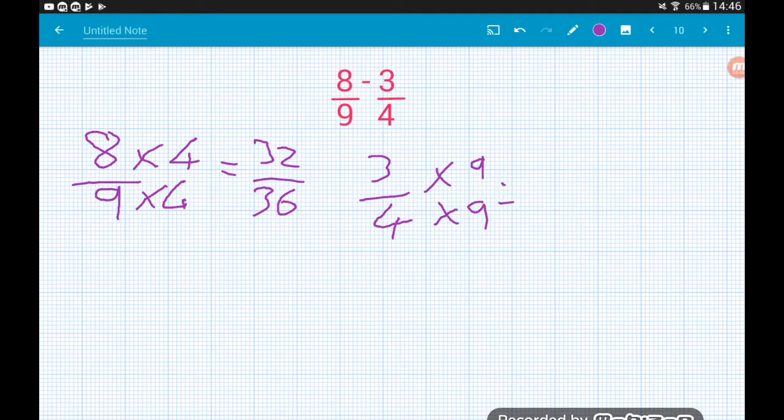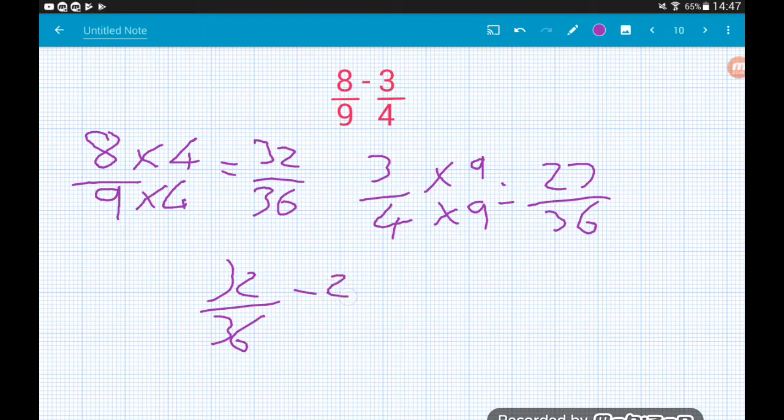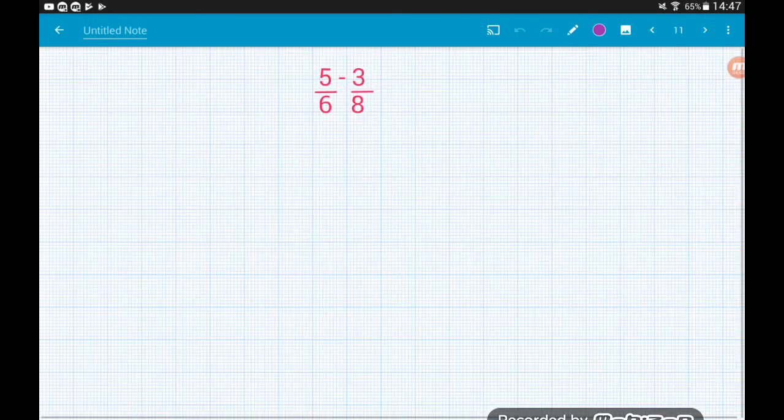So up on top, 3 times 9 is going to give us 27. And on the bottom, 4 times 9, 36. So 8 ninths minus 3 quarters is going to be 32 36ths minus 27 36ths. And 32 minus 27 is going to leave us with 5 36ths.